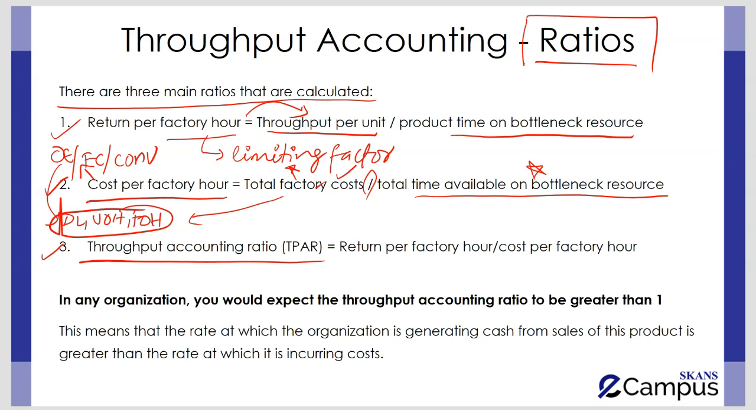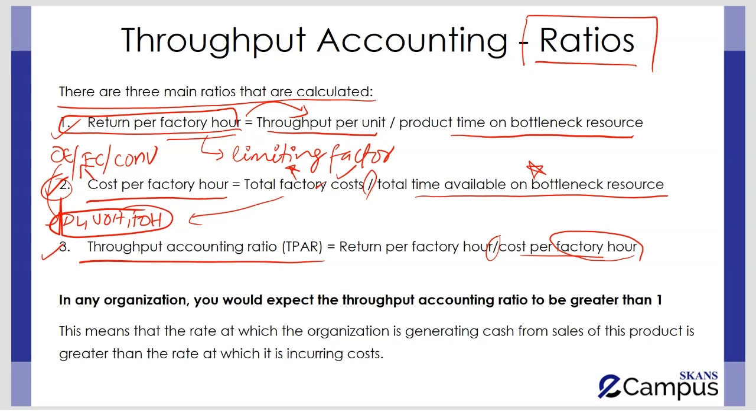Ratio number 3, the most important one, the throughput accounting ratio, very frequently tested in the exams. So the throughput accounting ratio is return per factory hour, which is ratio number 1, divided by cost per factory hour, which is ratio number 2. Now again, I'm going to remind you that here return per factory hour and cost per factory hour are used assuming that factory hours are the limiting factor.